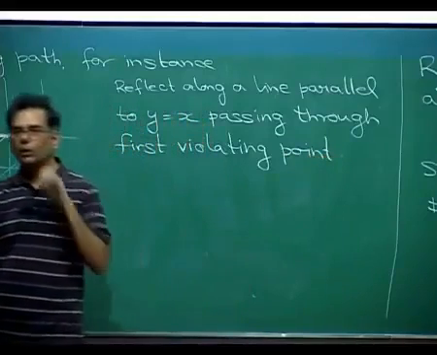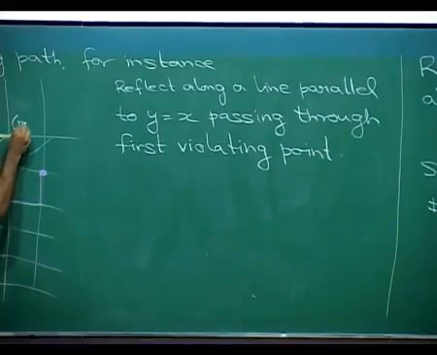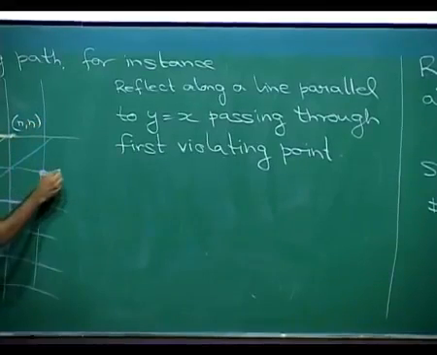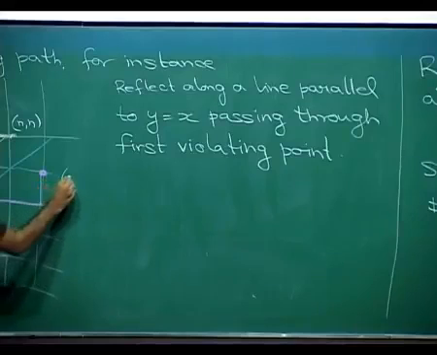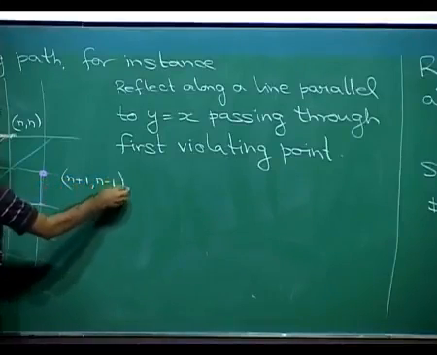So now we get a new path. This new path still begins at the point 0, 0, right? However, the ending point has changed. The ending point originally was n, in this case 5, 5. Now it has become n plus 1, n minus 1.